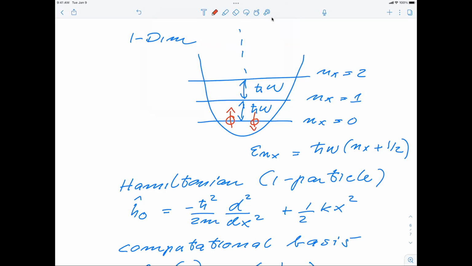So this could be an example of a two-particle state in the computational basis. This may not be an eigenstate of the full problem. So if I take the helium atom and I use a hydrogen basis, and I just place the two electrons in the first 1s orbital from the hydrogen basis, that is not the eigenstate of the helium atom, but is a good approximation to the helium atom.